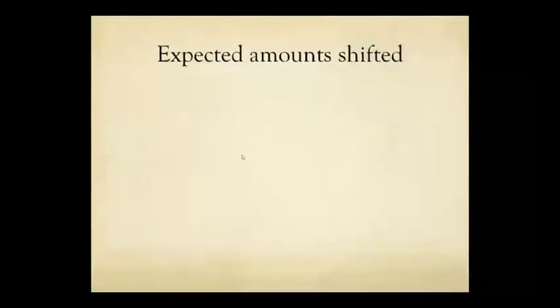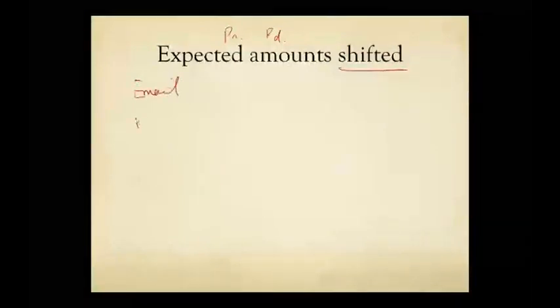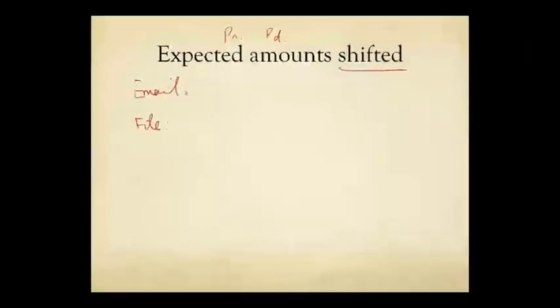Now, our optimization variables are clearly P sub n and P sub d. That's two simple scalar variables in this numerical example. Now, what we have to do is to understand the expected amounts that will be shifted. Okay, let's say email and file download are going to have a very simple weighting function, much simpler than even P over T plus 1 to the beta.